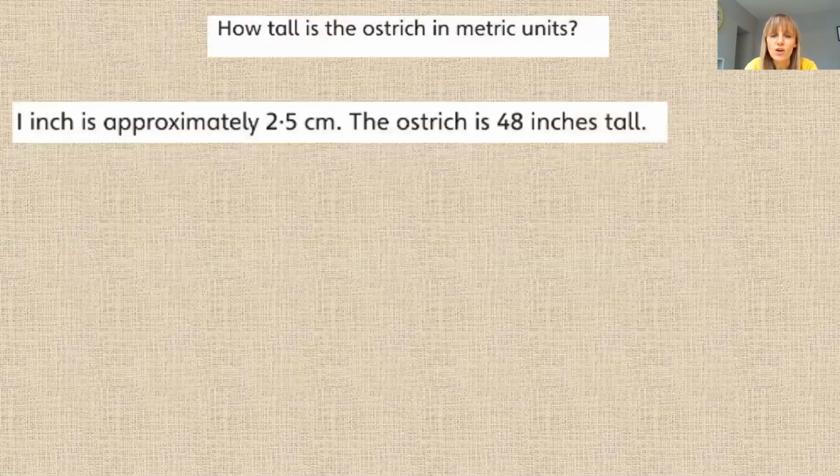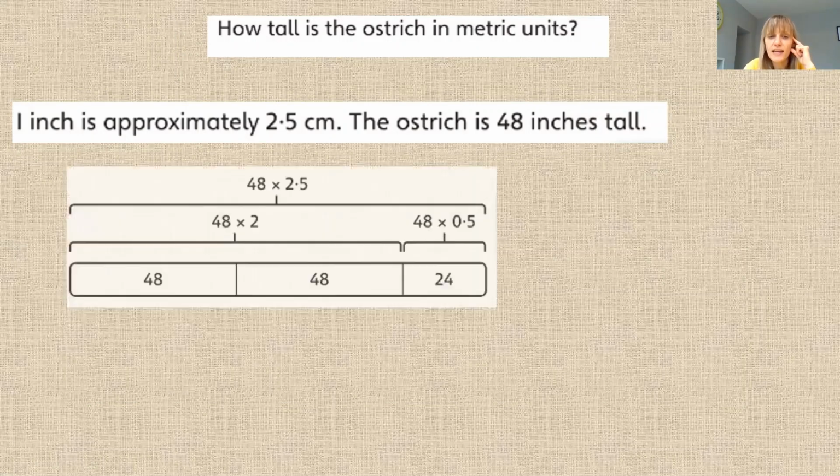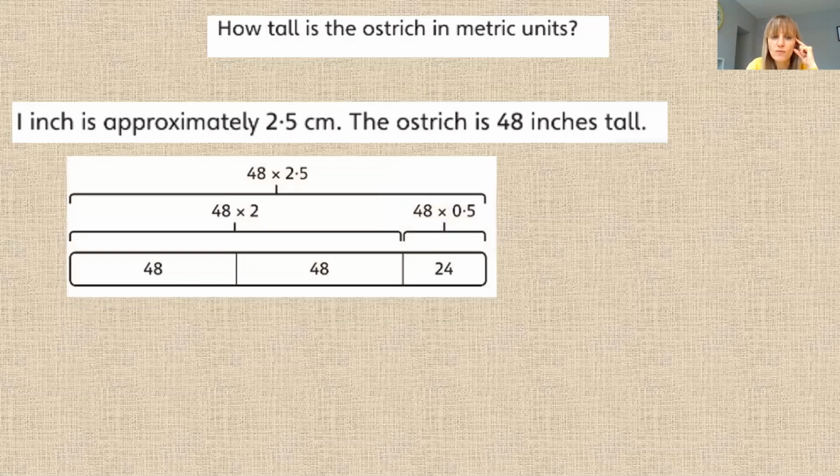Now, how tall is the ostrich in metric units? Now, it says here that 1 inch is about 2.5 centimeters long. So the ostrich is 48 inches tall. So that means we've got to do 48 times 2.5. So this bar model is a really nice way of showing this, I think, because basically we're doubling 48.